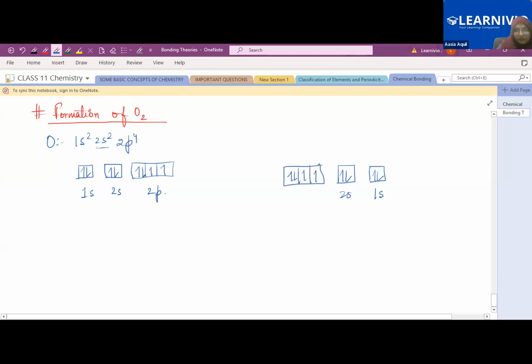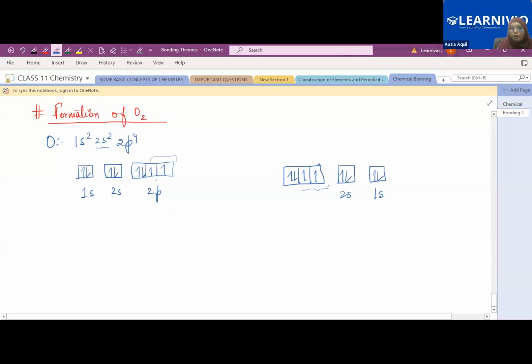Now see, these 2 electrons from this oxygen and these 2 electrons from this oxygen will participate in the bond formation.